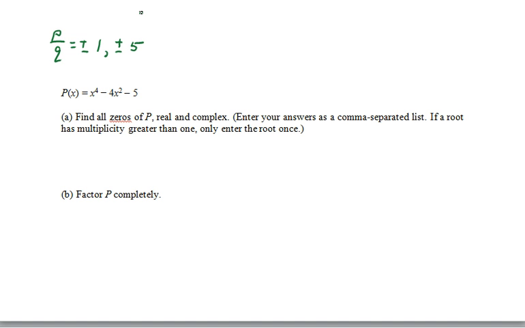We also see that there is one change in sign from positive to negative in p of x. So there is at most one positive real 0.